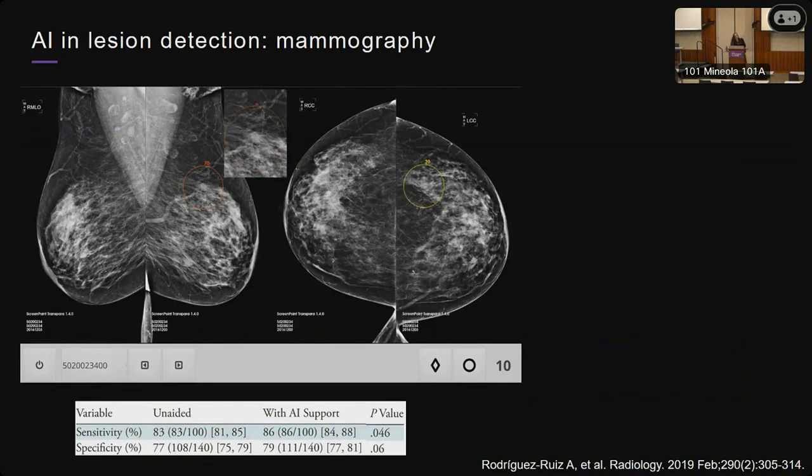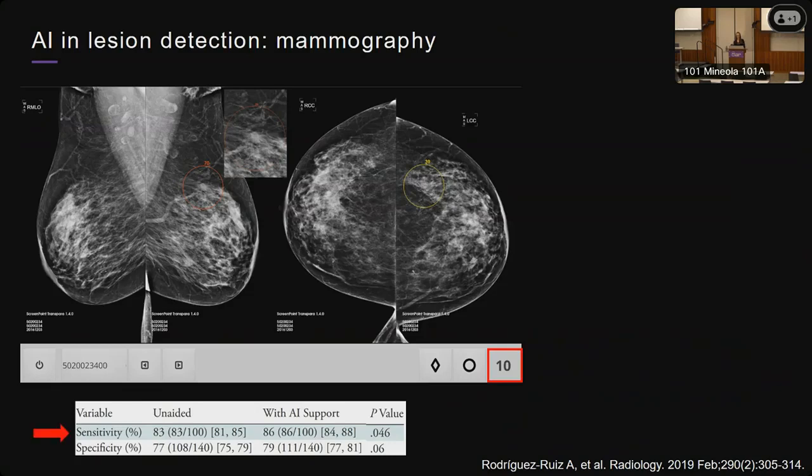Hopefully you can see over here, there's a red circle around a little tiny mass. And on this side, there's a yellow circle. And it's giving a number between 1 and 100. The higher number means more likely to be cancer. It also gives an overall number to that mammogram, 10 being the worst, most likely to have a cancer, and 1 being the best.